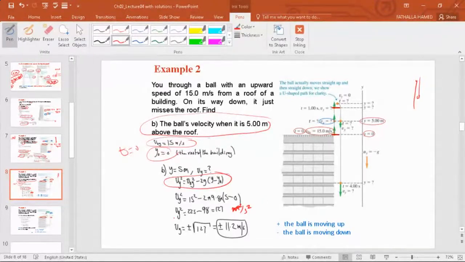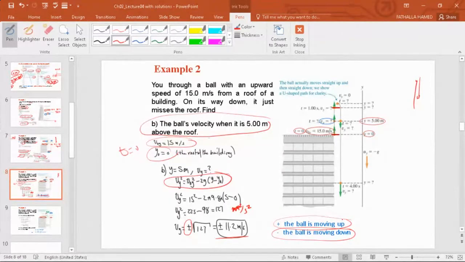Now they want V. So you're going to take the square root. And whenever you take a square root, you have to take the plus and minus. So it is plus or minus the square root of 127, and this will give you plus or minus 11.2 meters per second. The plus is while you are going up, and the negative is while you're coming down.